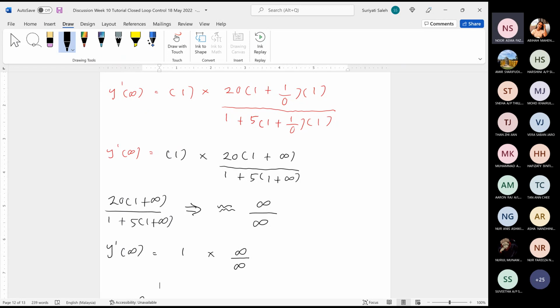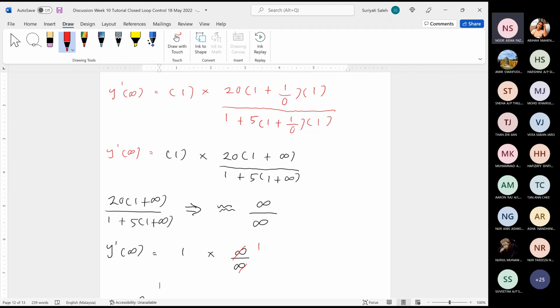Remember that infinity is considered the last number. There is no number after infinity. So if you add or multiply, you still get infinity. That is the concept. That's why 20 multiplied by 1 plus infinity gives infinity, and 1 plus 5 times 1 plus infinity is still considered infinity. So when you have infinity divided by infinity, this contributes to the cancellation of infinity, which becomes 1.